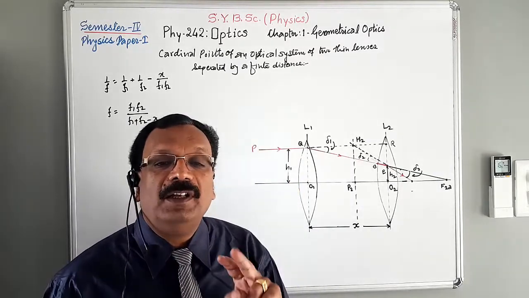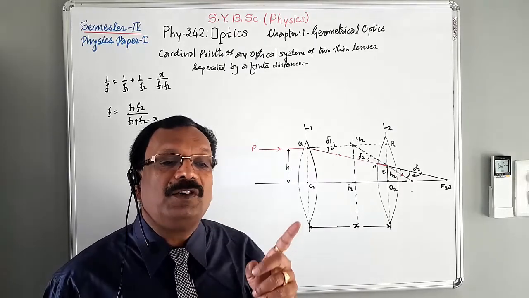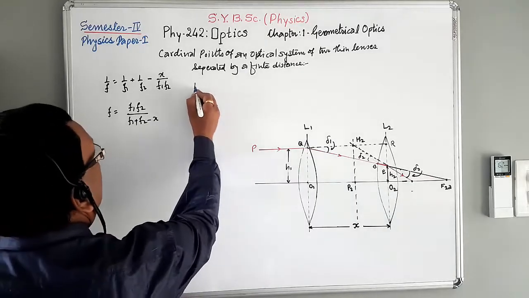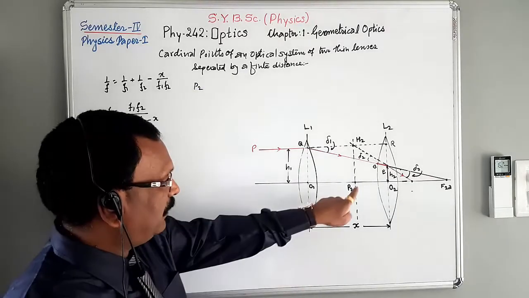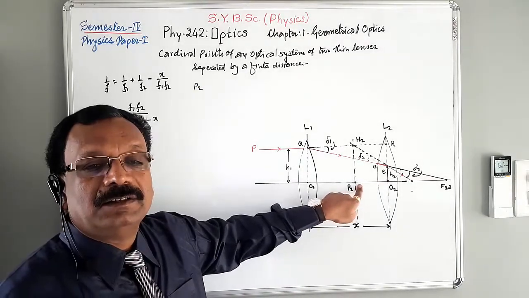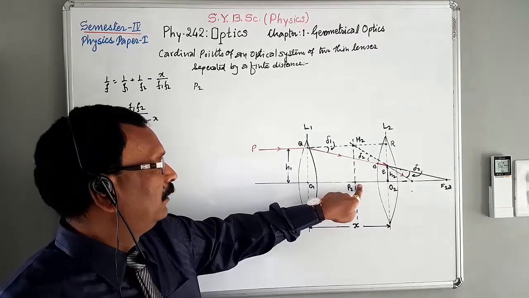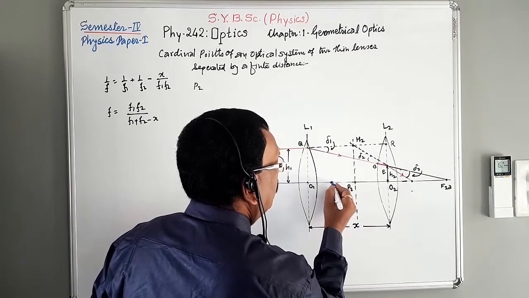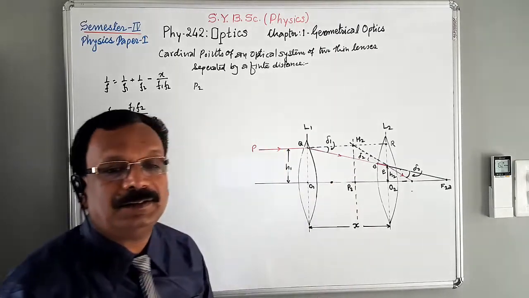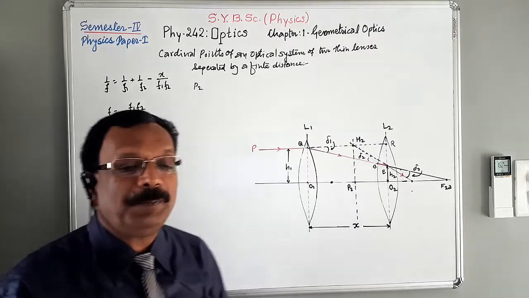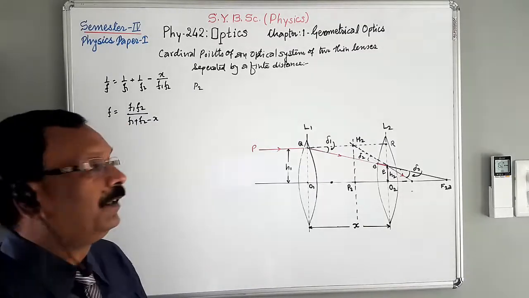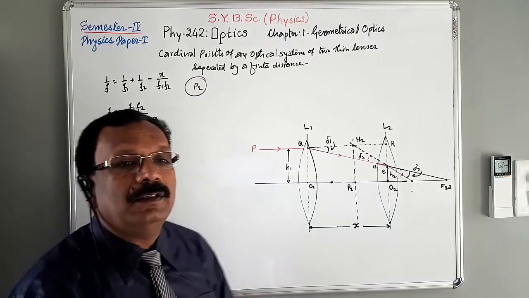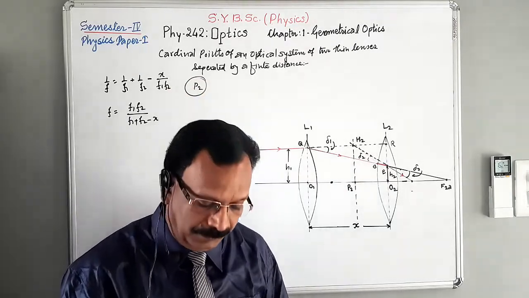Here first of all we are going to find the position of the second principal point P2, let this be this point, and then the first principal point P1, which will be seen later. First of all we are going to find out the position of the second principal point P2.